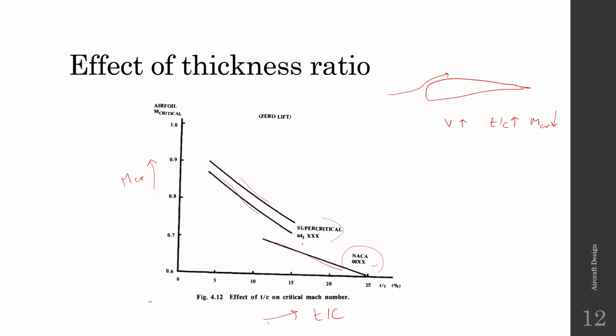The supercritical 641 series have been designed as supercritical and laminar airfoils. You can see that they have a higher MCR compared to these NACA airfoils. At 5% thickness the MCR is almost 0.9, so you can fly at 90% the speed of sound, which is a very high speed.